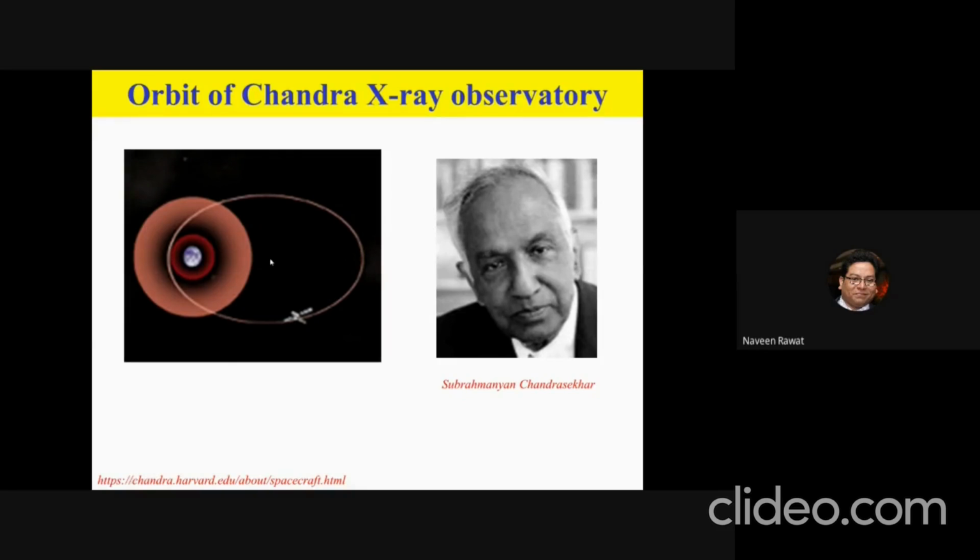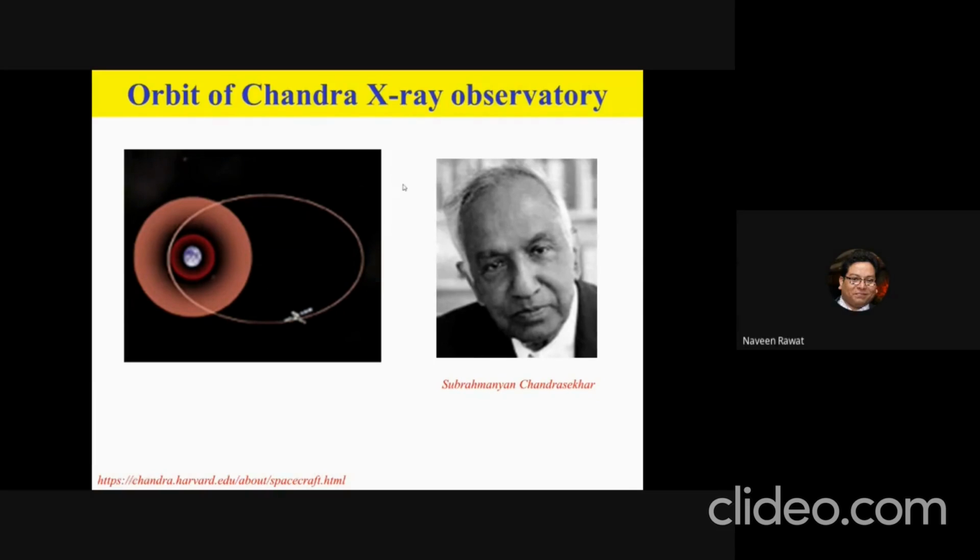What it is able to do is go beyond this radiation belt, the Van Allen belt, and observe a lot of emissions coming from these objects in space. You can guess from the name itself that the Chandra observatory is looking at X-ray emissions from objects.